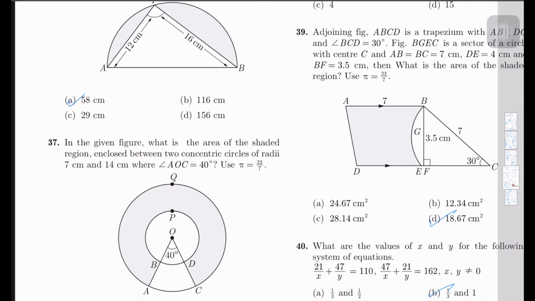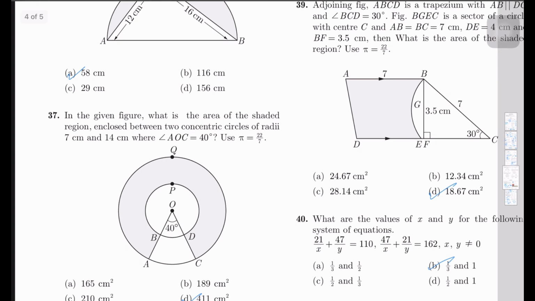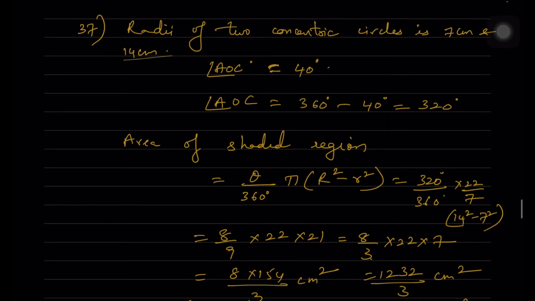Next, in the given figure, what is the area of the shaded region enclosed between two concentric circles of radii 7 centimeters and 14 centimeters, where angle AOB is equal to 40 degrees, use pi is equal to 22 by 7. So radii of two concentric circles is 7 centimeters and 14 centimeters.